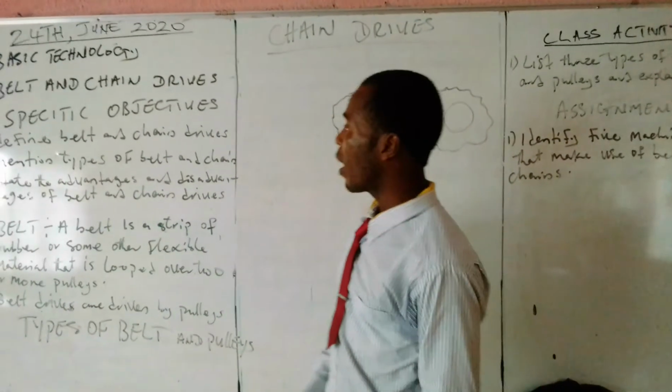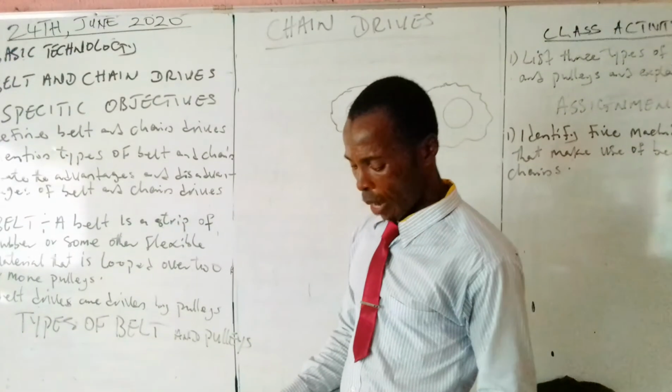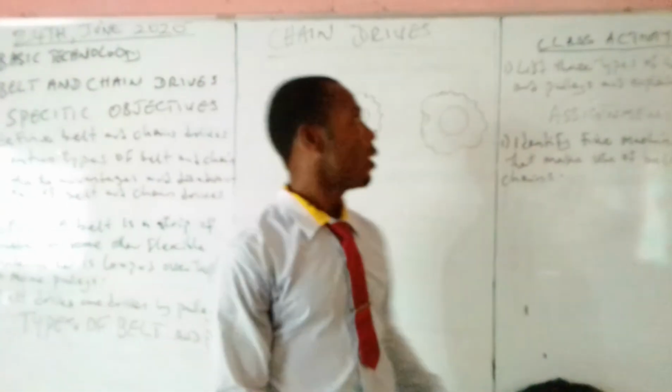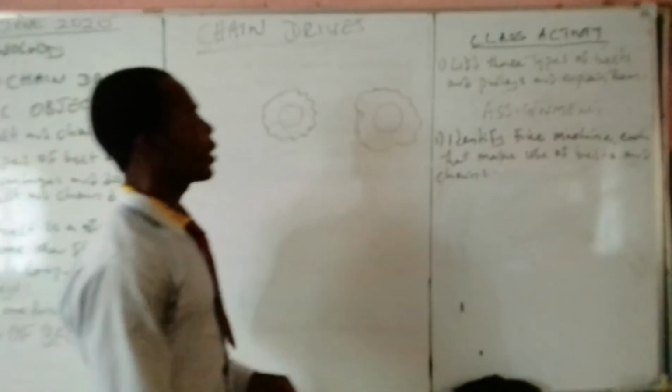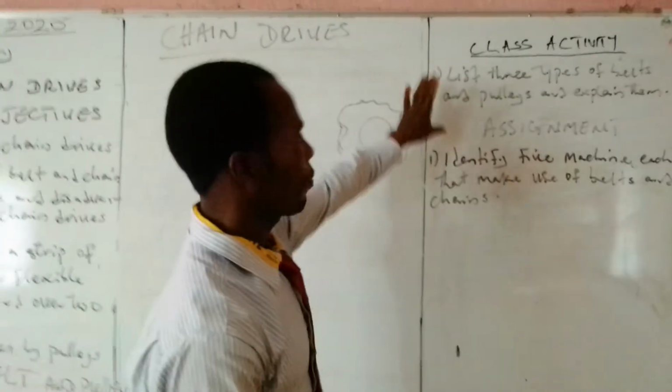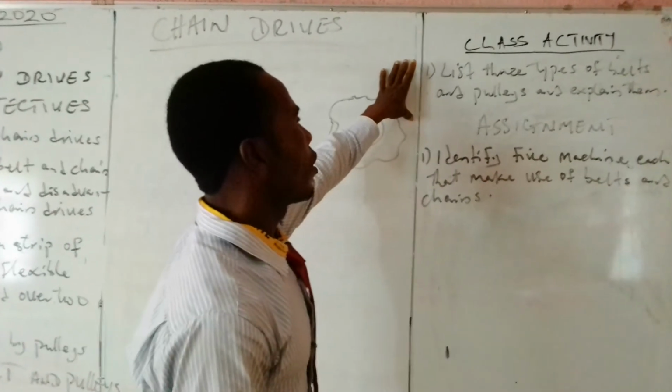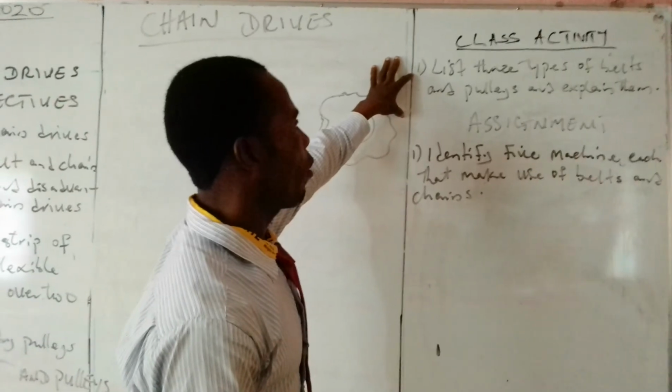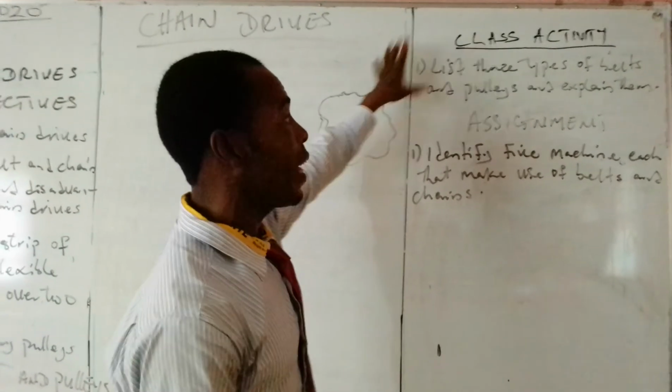Alright, we have more disadvantages, but at this junction, I will stop here. Let's quickly go to the class activities on the board. Number one, list three types of belts and pulleys and explain them.